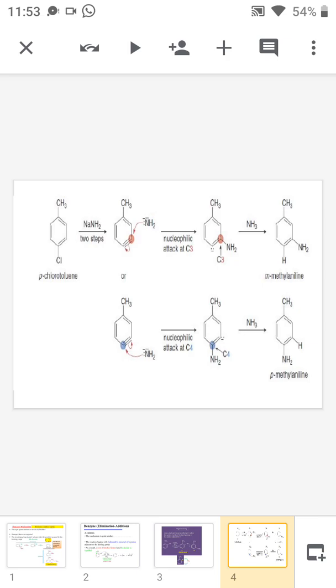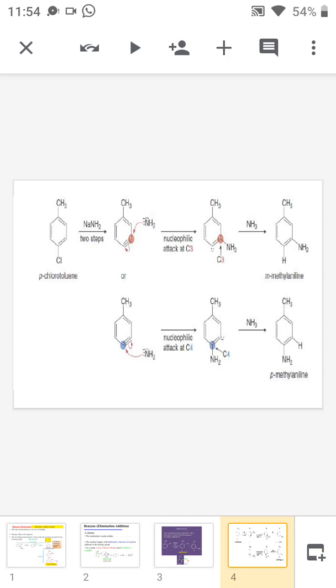That's why the next addition will occur at the para position. So we will get a methyl aniline as the product. And whereas if the NH2 attacks para to the methyl group, we will get a para-methyl aniline as the product.